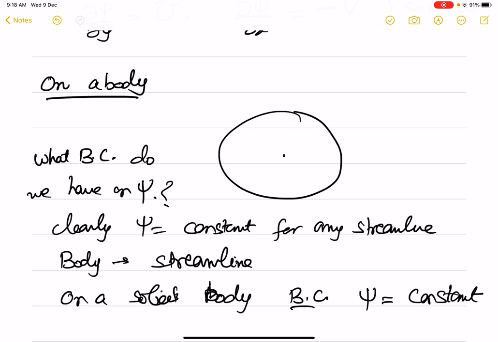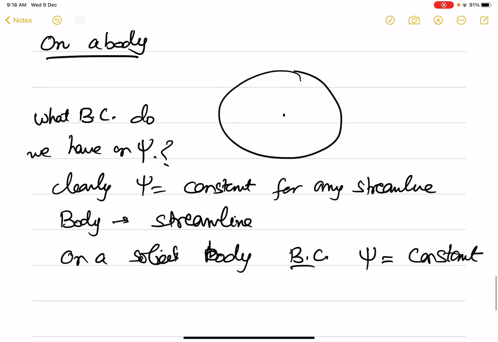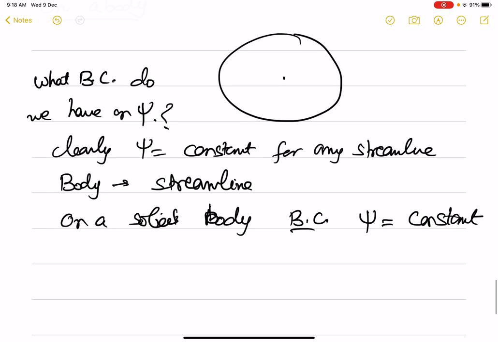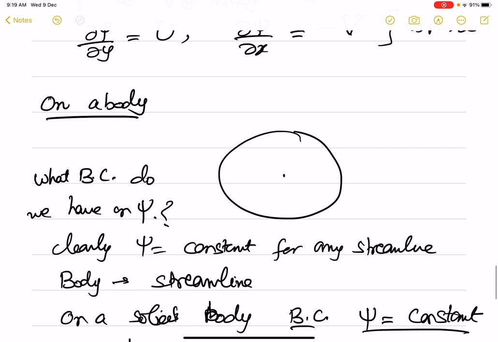So this is what we have, and here if we write this boundary condition in terms of phi, then this will become partial phi by partial n is equal to 0. So psi is constant or phi. So that is how we can then work out the boundary conditions, for psi it is psi equal to constant, for phi it will become partial phi by partial n is equal to 0.